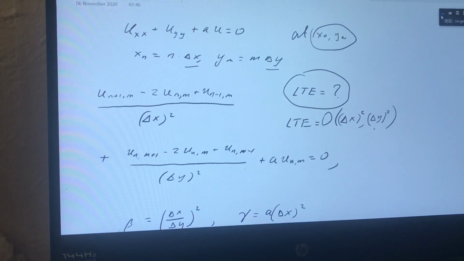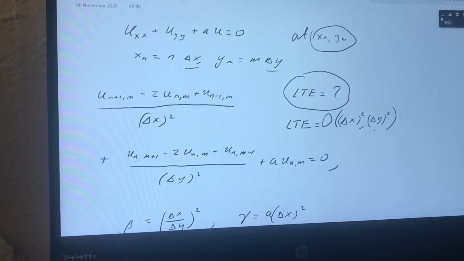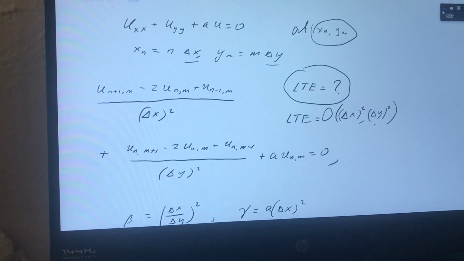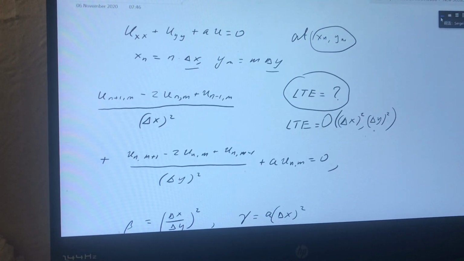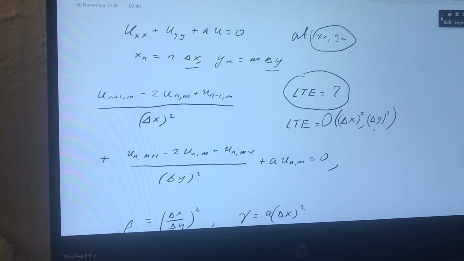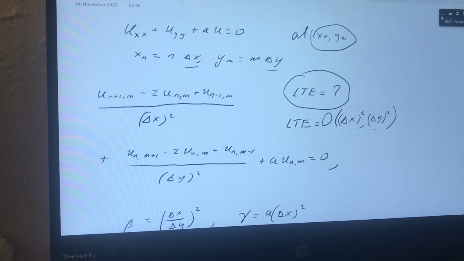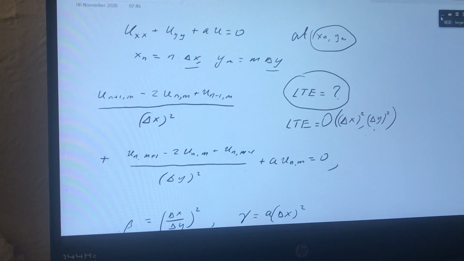I can write it like that, saying that it's a term which is of order delta x squared if delta y equals 0, or it is of order delta y squared if delta x equals 0, or it is of the order of the bigger between the two, delta x and delta y. That's what matters for practical purposes.